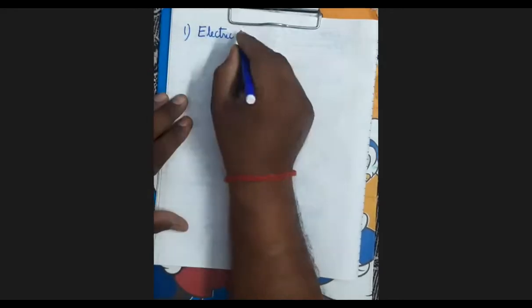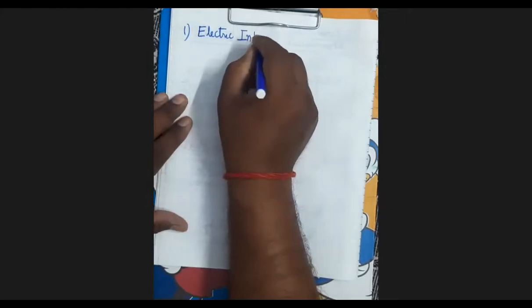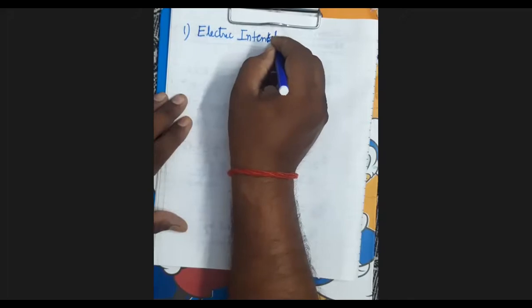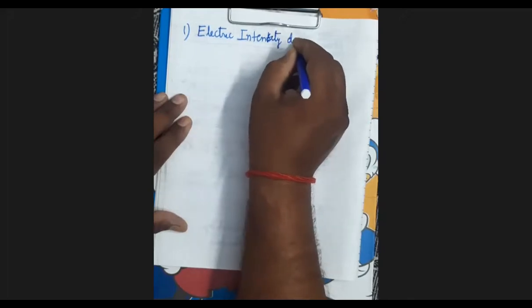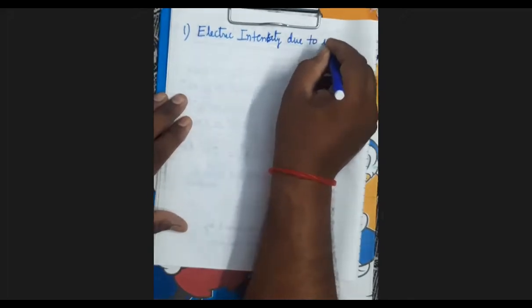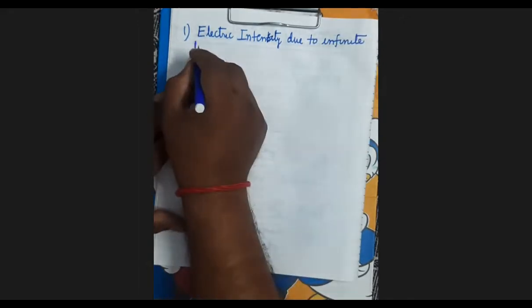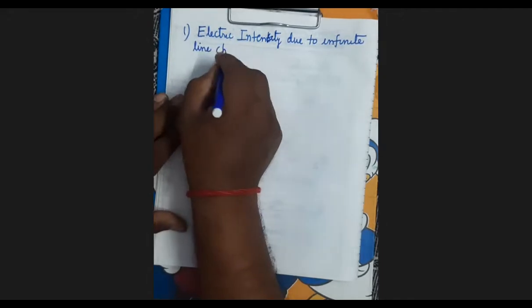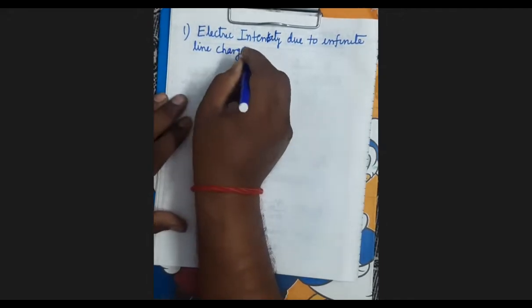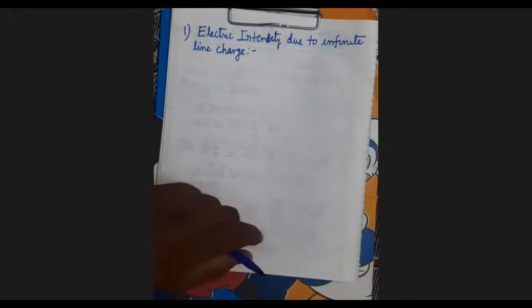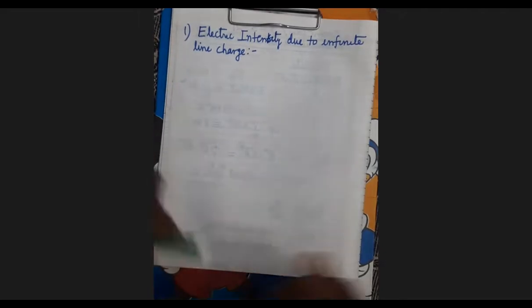Electric intensity due to an infinite line charge, which means an infinitely long uniformly charged wire.